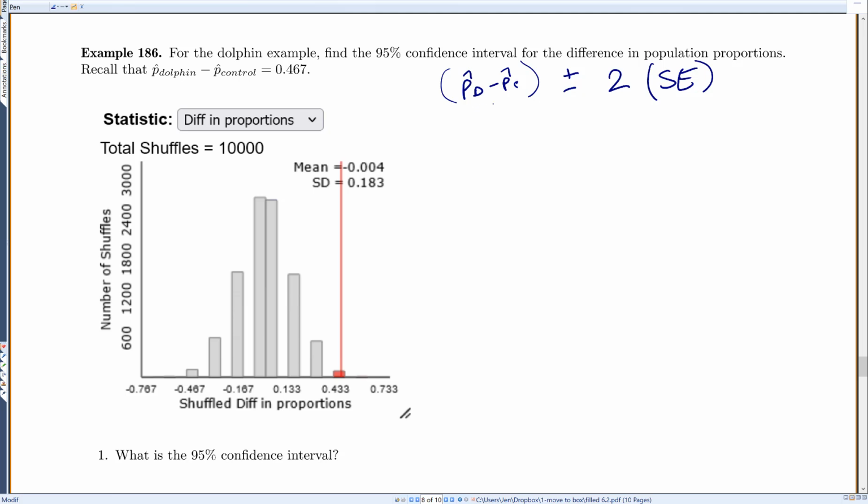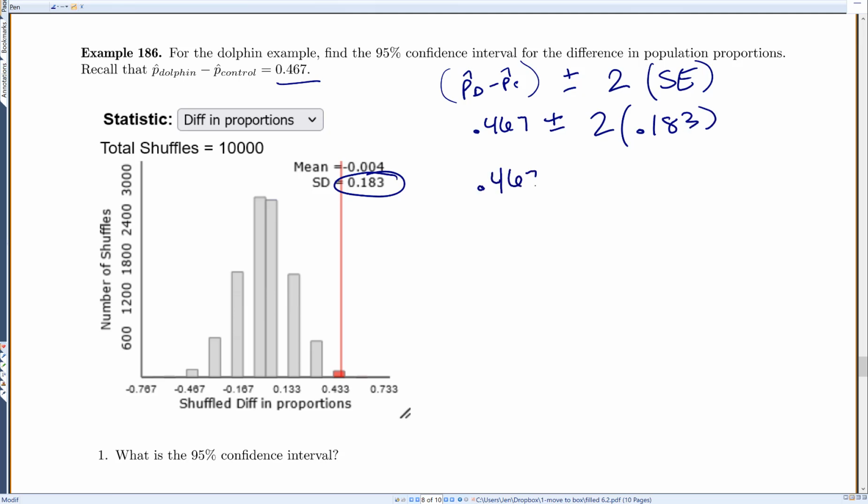So we'll do my sample difference of 0.467 plus or minus 2 times the standard error, which is what you have right here. It says SD, but it's just the standard error, or the standard deviation of all those differences in the proportions we got. And so we just do 2 times 0.183.